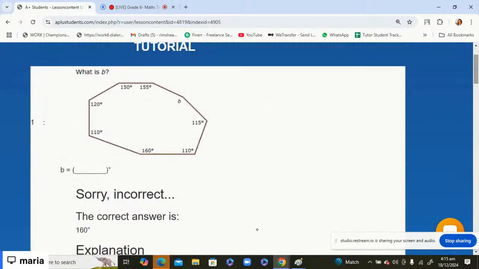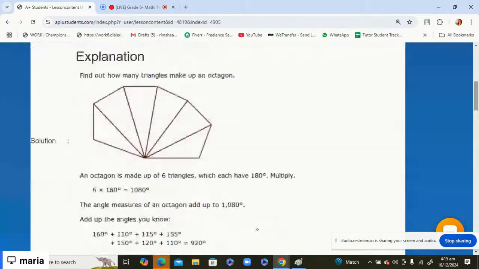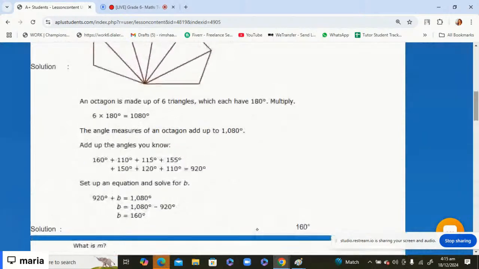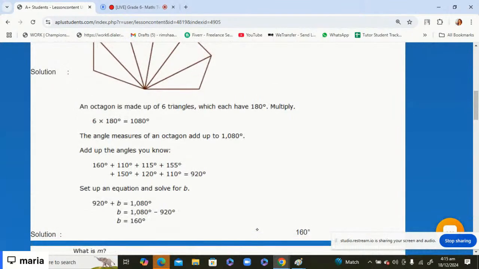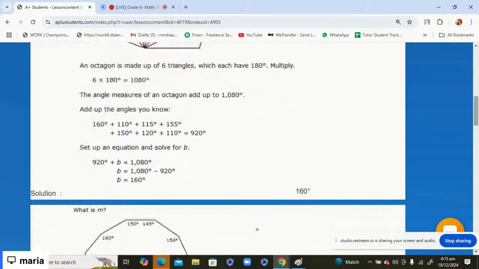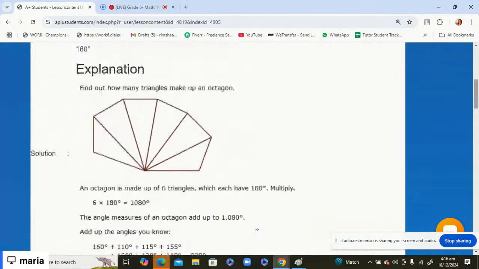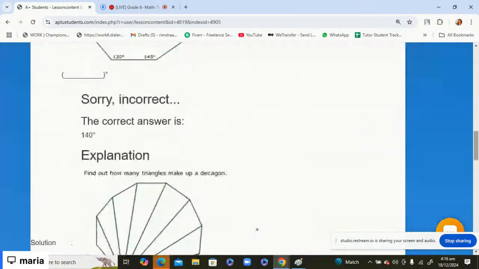These two are not included. When you add all of it up, then do the subtraction from 1080. This way you're going to get your answer.